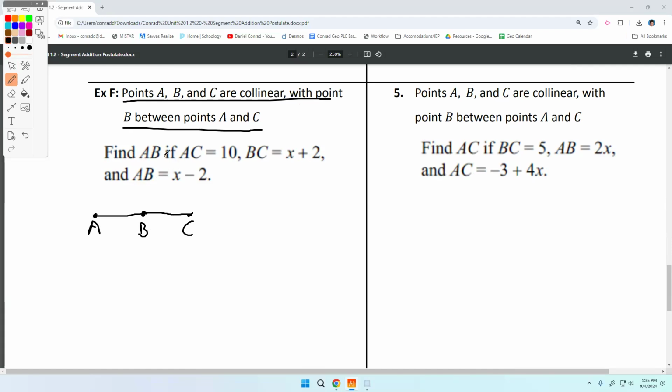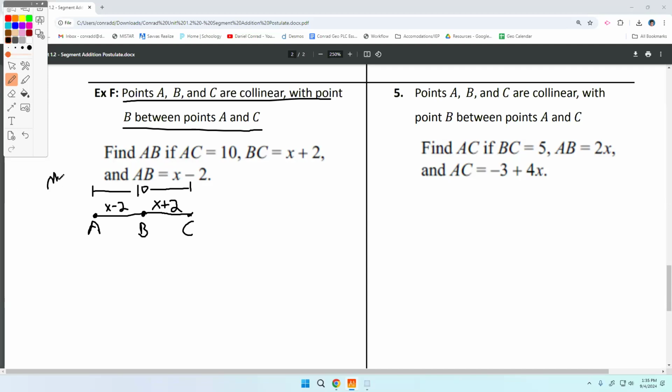Okay. Find AB if AC is 10. So we know the whole distance across here is 10 from A to C. We know the expression for AB is x minus 2, and the expression for BC is x plus 2. Okay, so this was modeling, right? We've drawn our diagram.